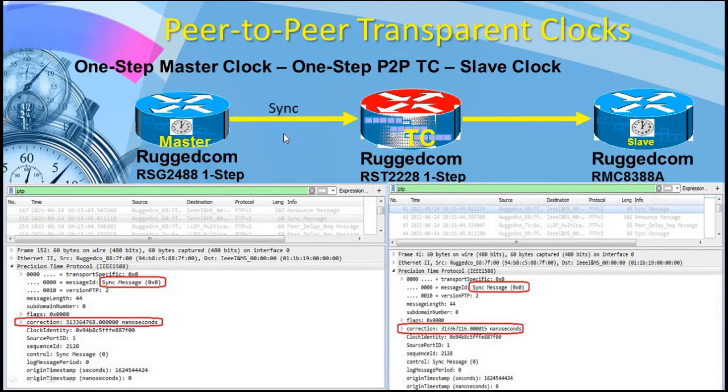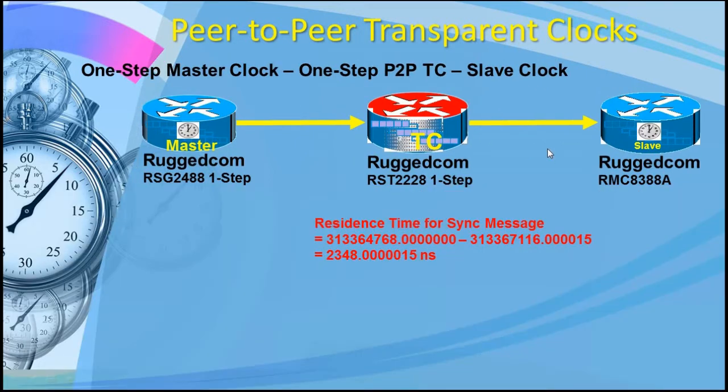The sync message sent out from the master is received on the ingress port of the transparent clock, and the transparent clock modifies the correction field and then sends it out to the slave side.